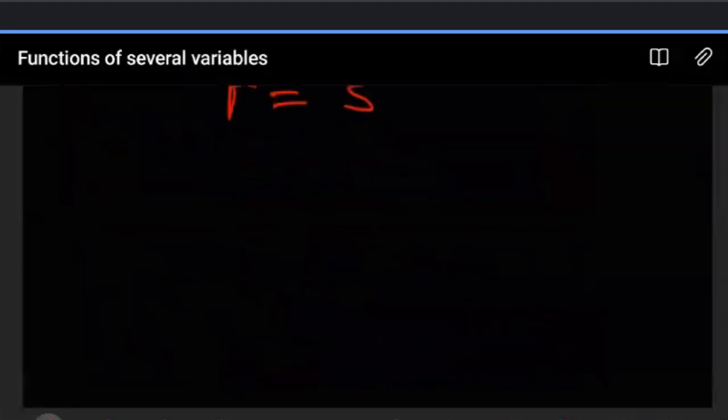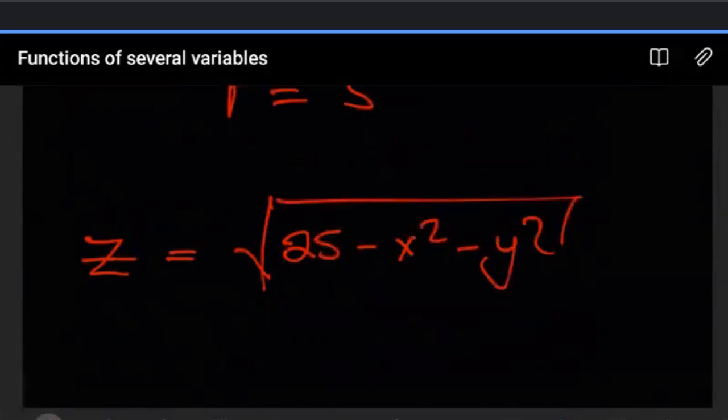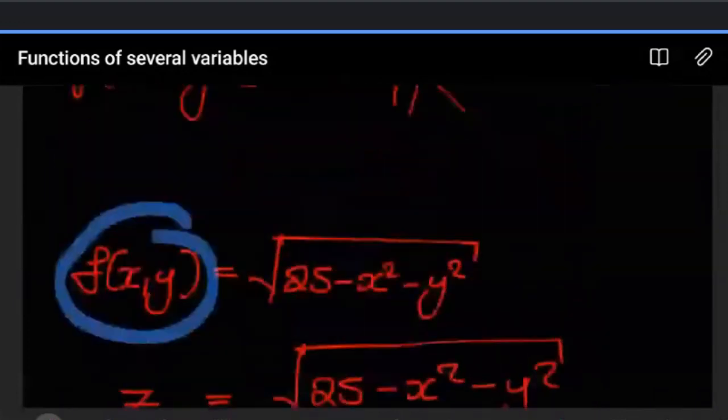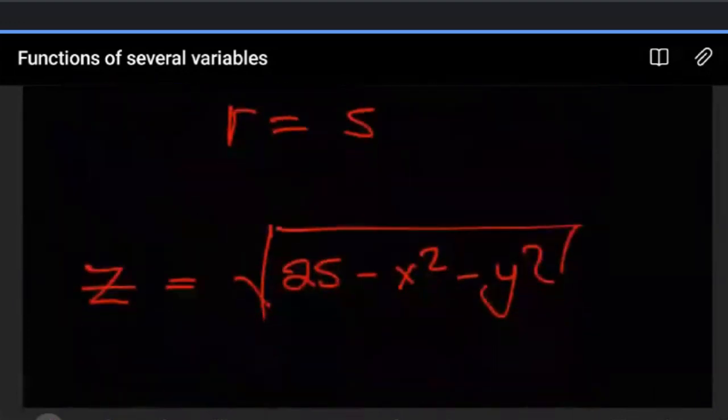But when you look at the expression we had, where you only had z being equal to 25 minus x squared minus y squared, I think this is what we had, is it? Yes, that is what we had there. Now, it's like I've gotten the same expression for the sphere that we described earlier on.